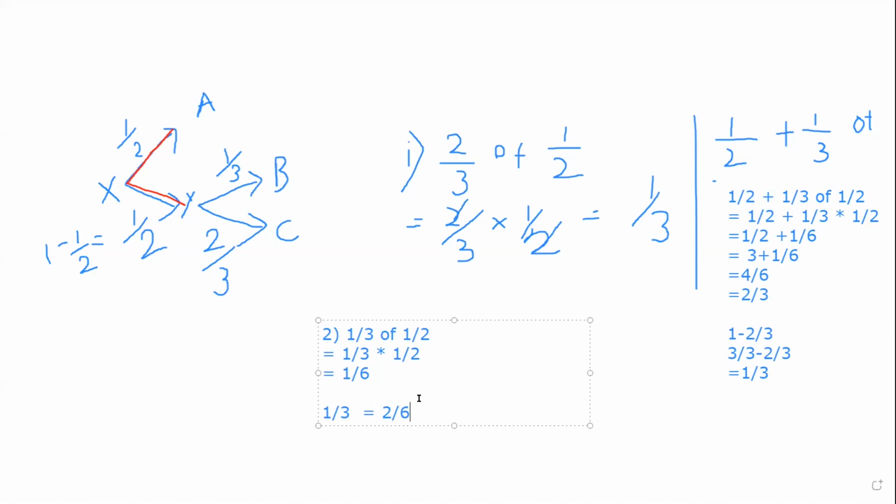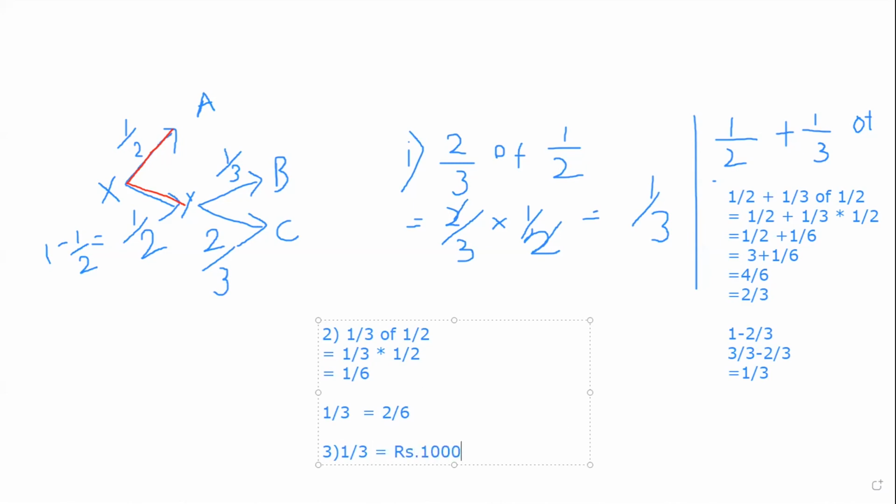Is it clear? Okay. So in the third question, they are telling us, if C received rupees 1000 through the initial distribution, find the total amount that was distributed among the three. Initially C has received 1/3 of the fraction. So 1 over 3 is equal to 1000.